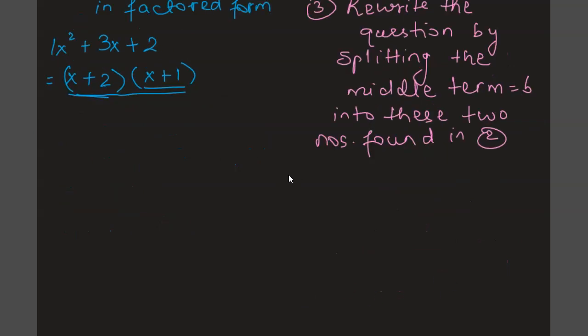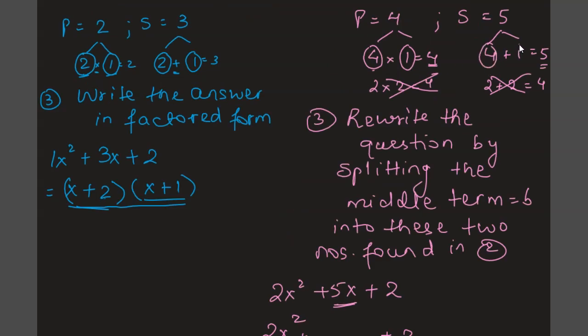So my question was 2x squared plus 5x plus 2. I'm going to rewrite the question. I'm not going to touch my ax squared. I'm not going to touch my c. All I'm going to do is rewrite the middle term into these two numbers that are found in step 2. And the two numbers that I found in step 2 are 4 and 1.